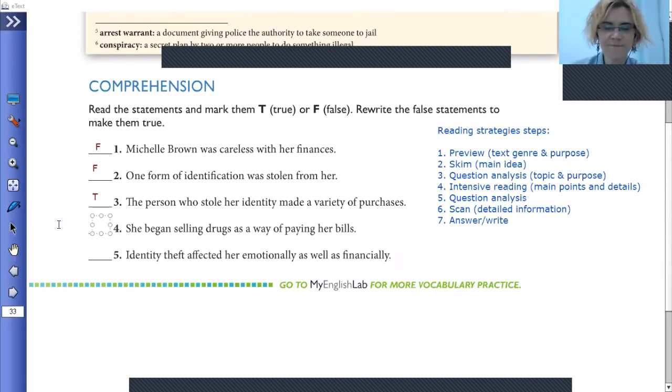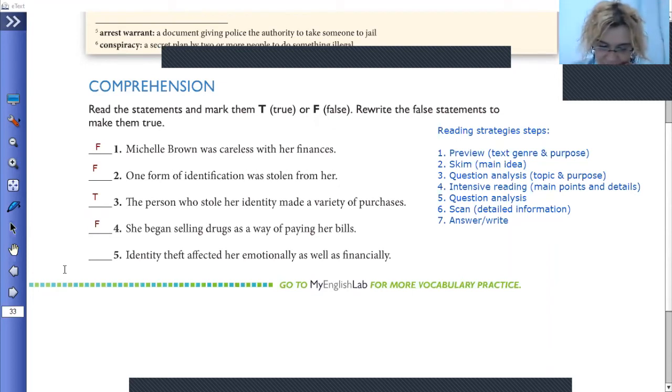Are you here? Yes. Can you do number 4 for me? Is it true, I think? Actually not so. She did not begin selling drugs as a way of paying her bills. Not to pay her bills, no. So that's actually false, but thanks for answering.